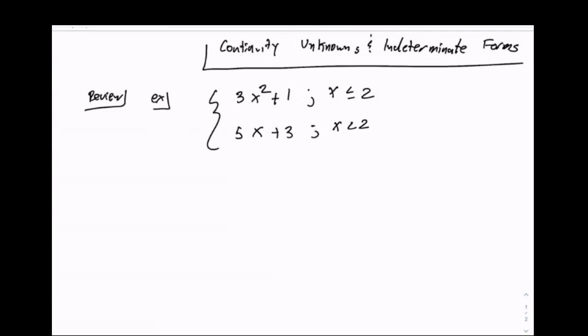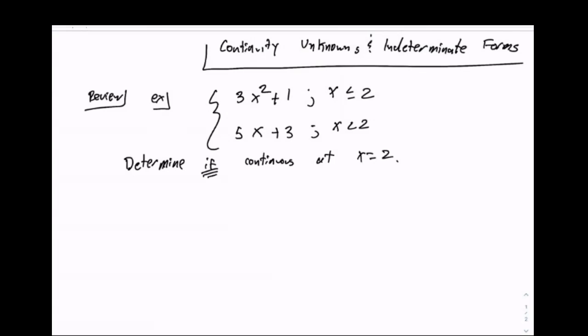And in yesterday's problem, the question went something along the lines of: determine if it is continuous at, and the point that of course we're going to study is at x equals 2.